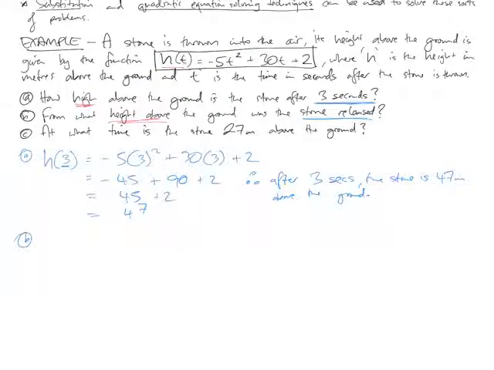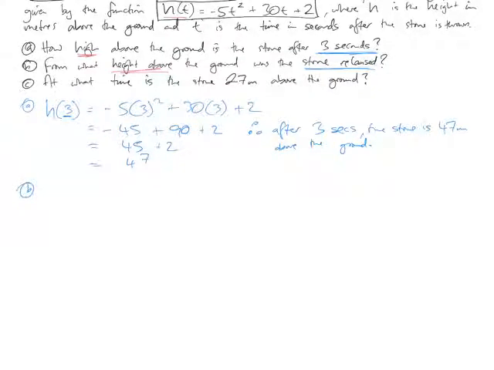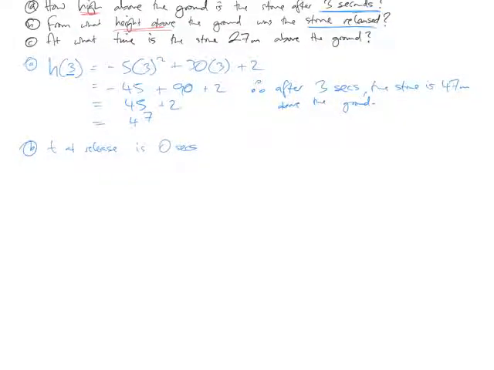Well, t is the time in seconds after the stone is thrown. What's the time when the stone is released? Well, t at release is 0 seconds. That's just logic there. At the exact point that you're releasing the stone, it's 0 seconds from when you released it in the first place.